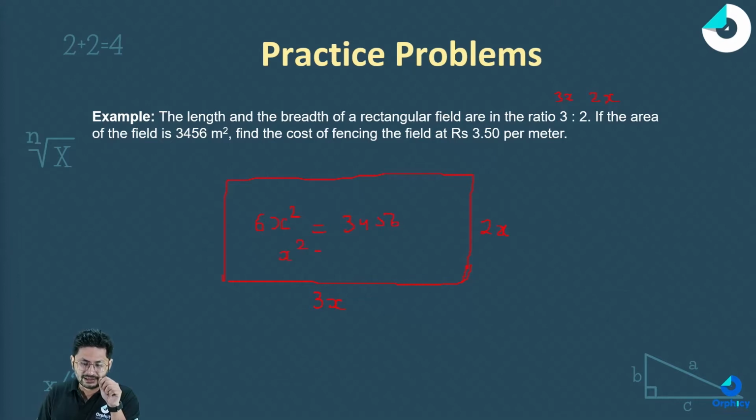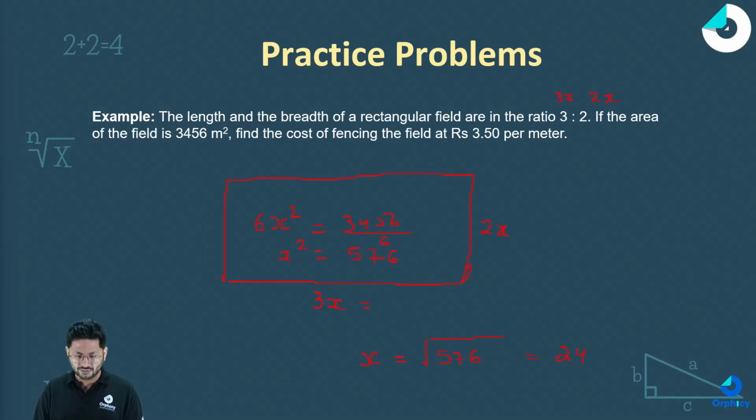So x square will be 3456 divided by 6, which is 576, and we can say that x would be equal to the square root of 576, which is 24.